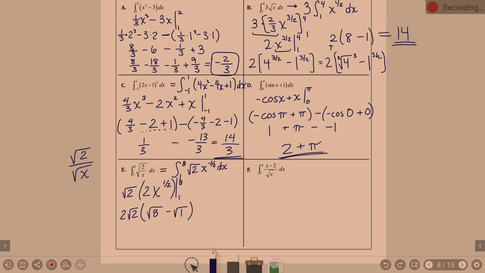Or 8 to the 1/2 minus 1 to the 1/2, right? What do you know about the square root of 8? It's 2 times 4, so it's 2 square root of 2. Minus, do not write square root of 1 for your final answer. The square root of 1 is 1.